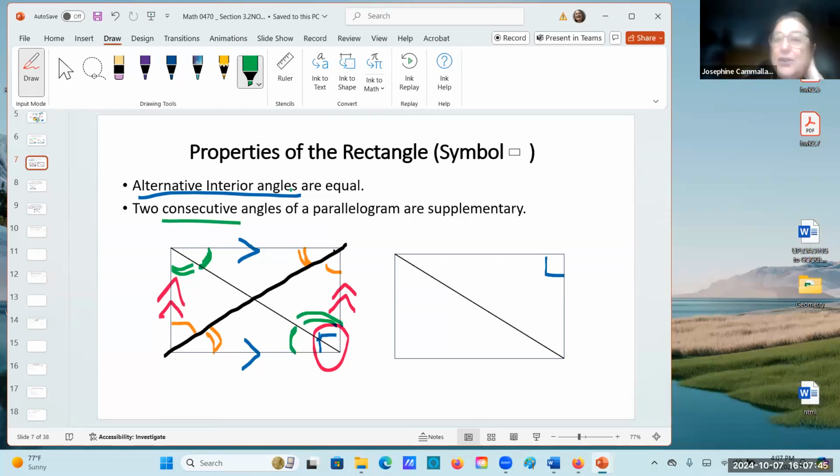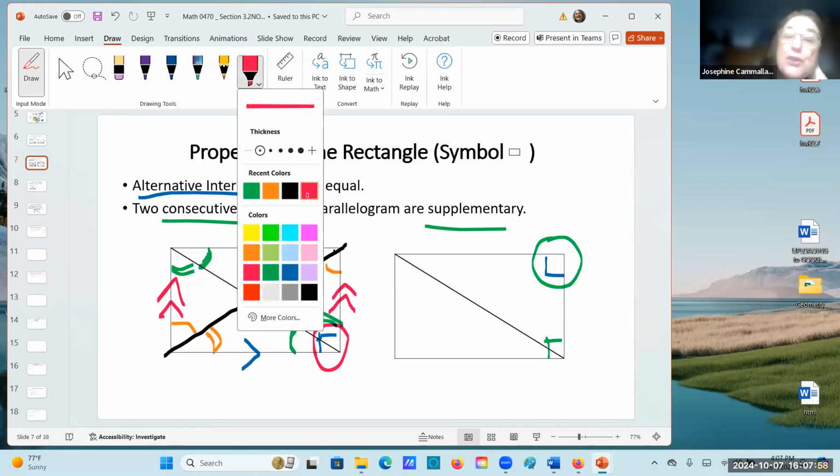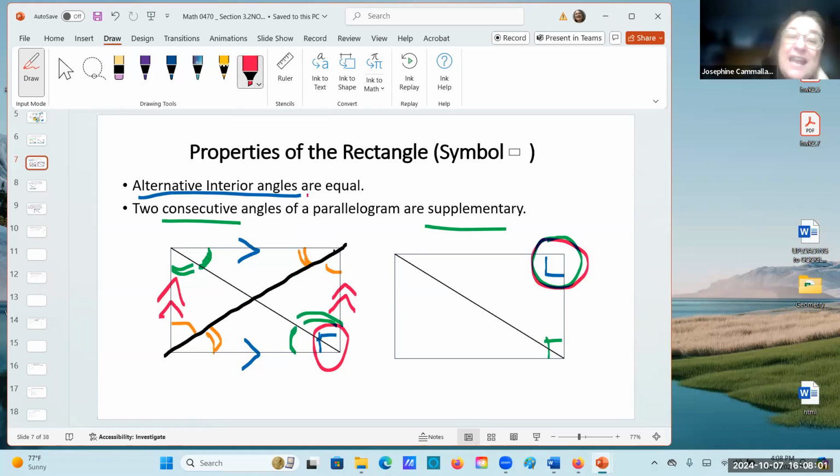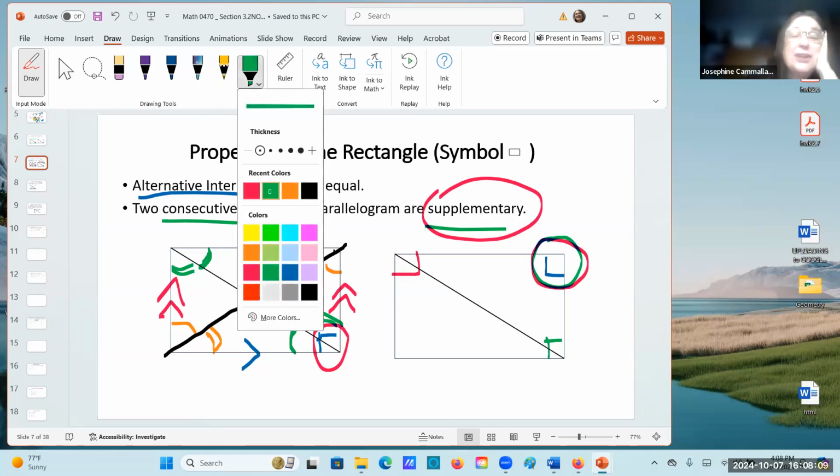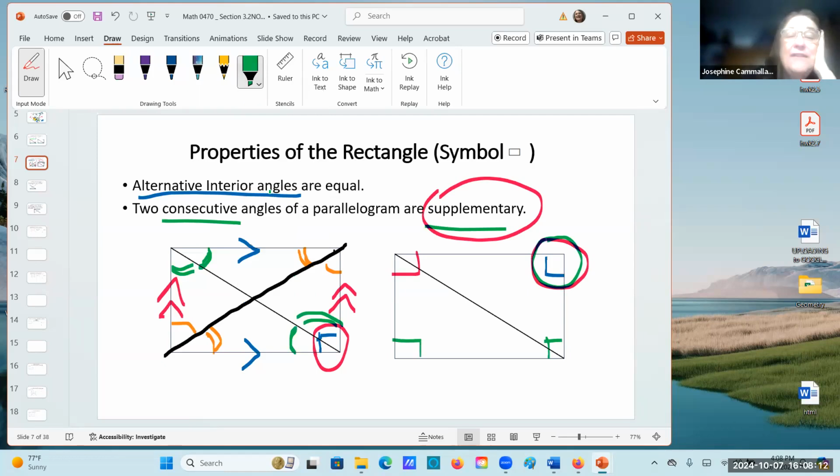We're also back to consecutive, but that makes sense. This angle and this box have got to be supplementary. But also, the blue box and this box have to be supplementary. And don't forget, all of the angles are 90. All.